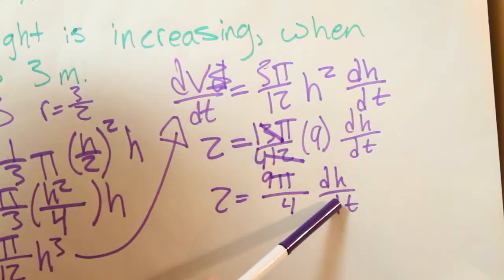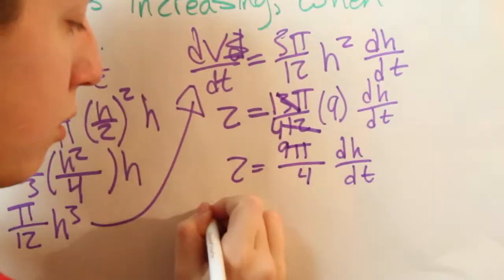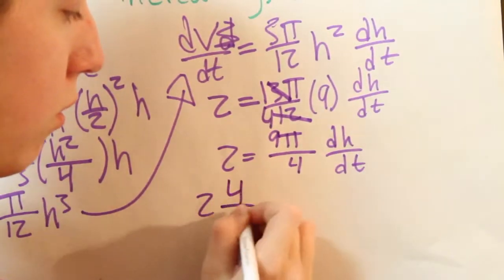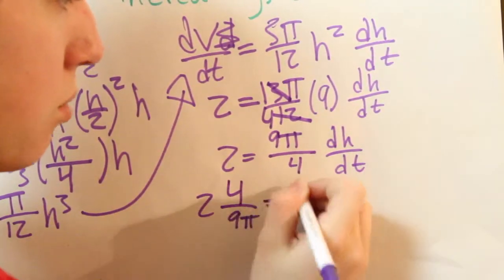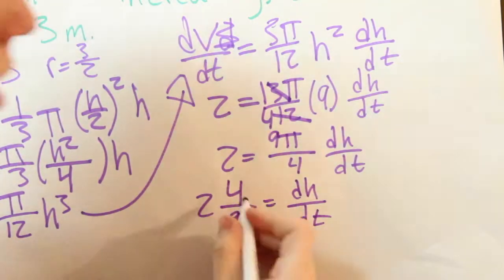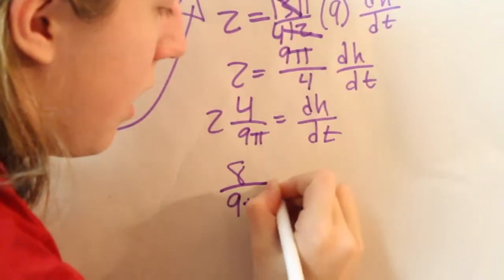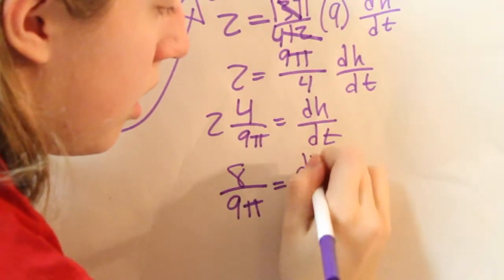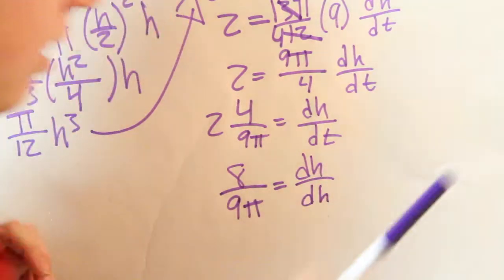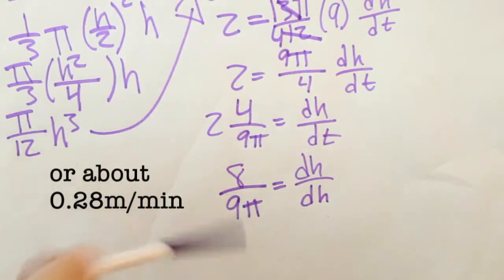We want that by itself, so we're going to multiply by 4 over 9 pi. So 2 times 4 over 9 pi is equal to dh over dt. And to simplify that, dh/dt is 8 over 9 pi, and that would be in meters per minute.